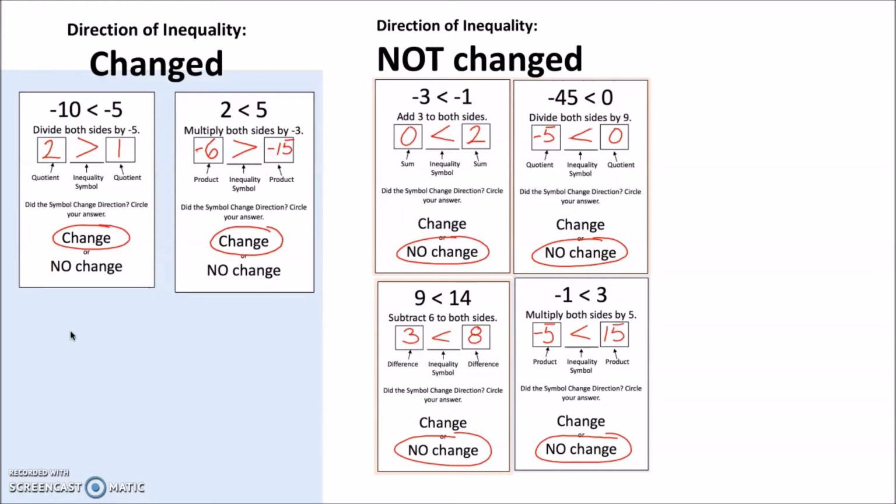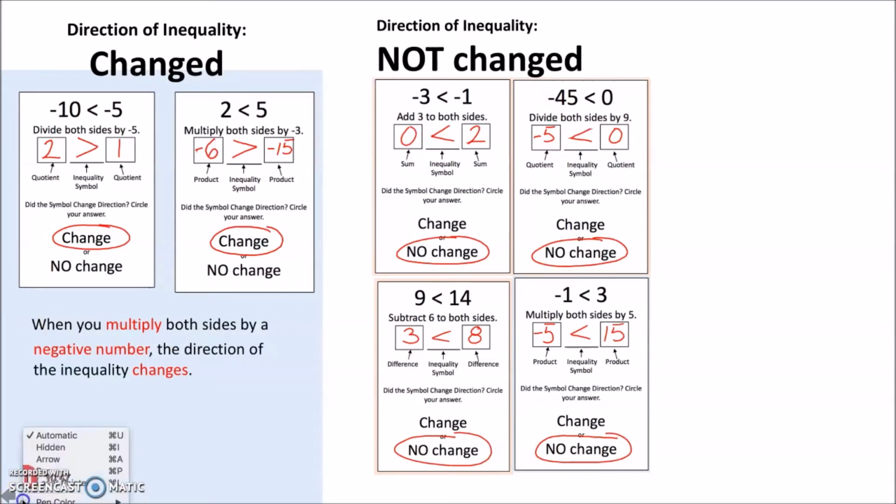In my classroom, I would have a student share their reasoning, and then I would write exactly what they wrote on the board. For example, maybe a student said something like this: when you multiply both sides by a negative number, the direction of the inequality changes. So maybe the student came up with a summary for what they saw on this side, in this category.